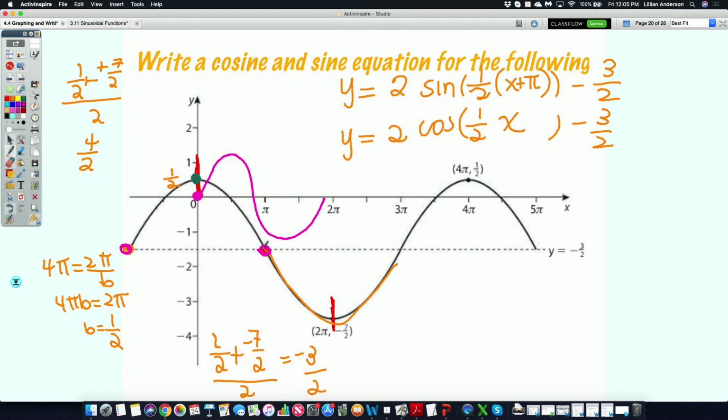Since each one of these points divides up your period into quarters, your starting point, this point in the middle, your minimum point, and so on, you just take your period and then divide by 4, and then you'll find out exactly that distance from the cosine value. Okay. And since cosine is already at 0, you would have to go that distance back.